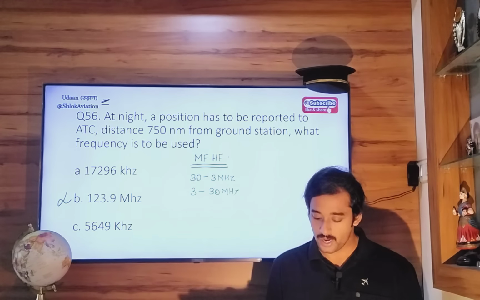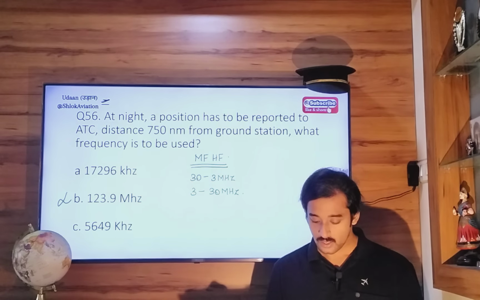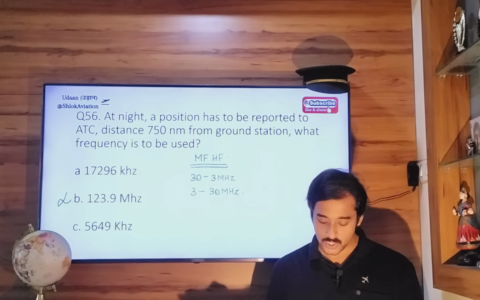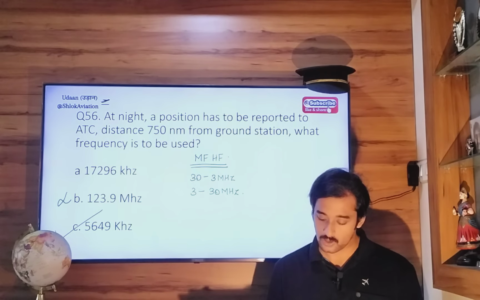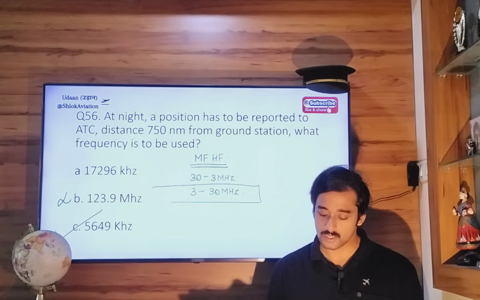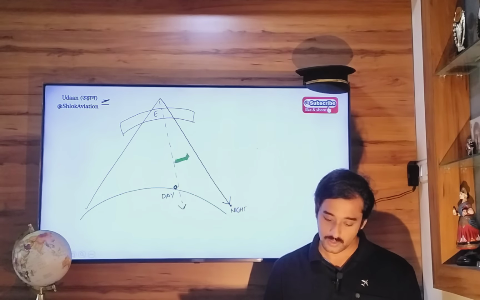So these are the two bands for medium frequency and high frequency. Okay. So the only option that fits this band will be 5649 kilohertz, which is a high frequency. Okay. So you will select this frequency.